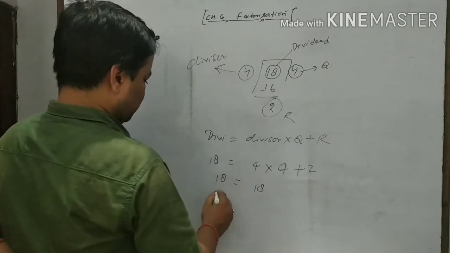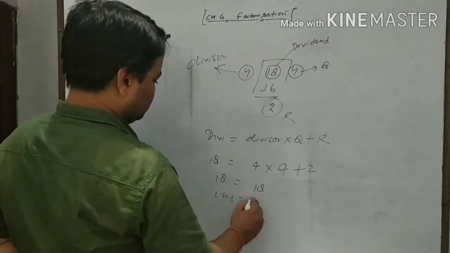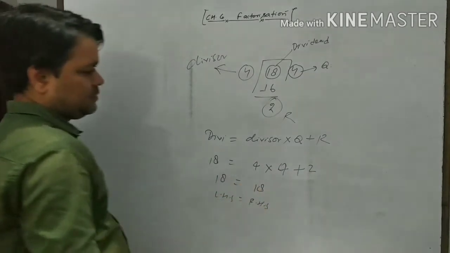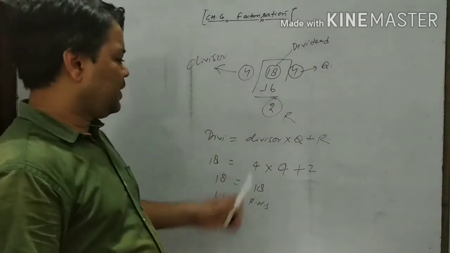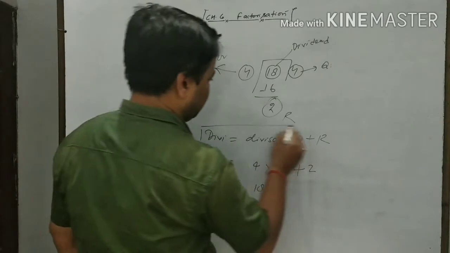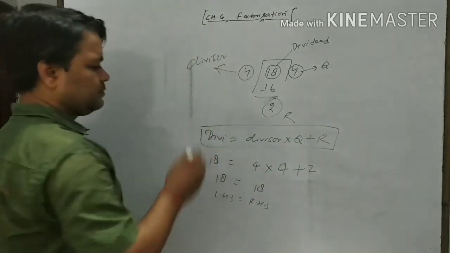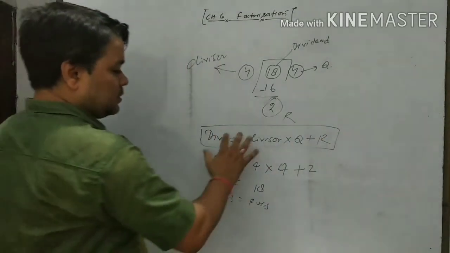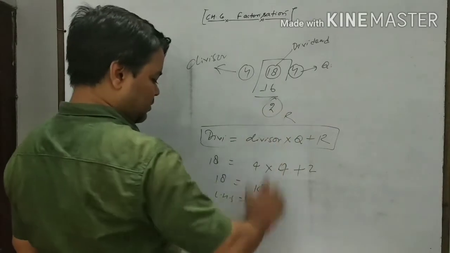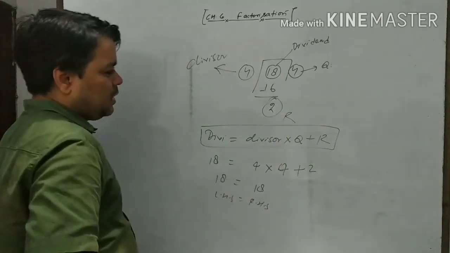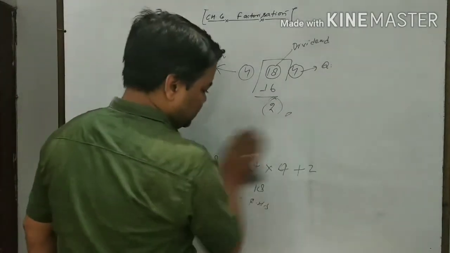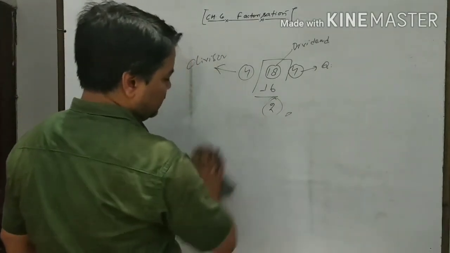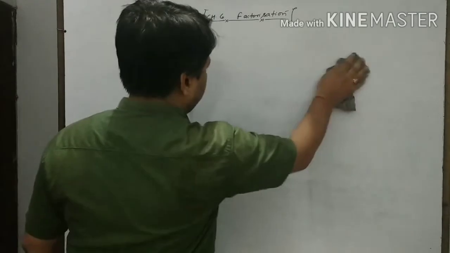Means left hand side is equal to right hand side. In the case of arithmetic, we find this type of relation. Similarly, this type of relation we also get in algebra, and that is known as the division algorithm for polynomials.